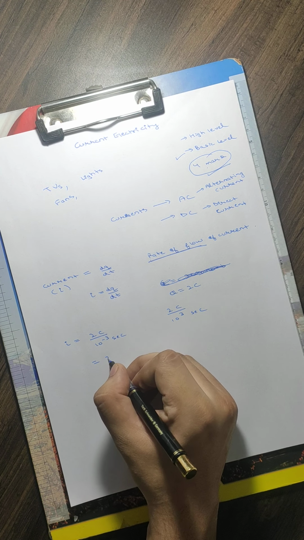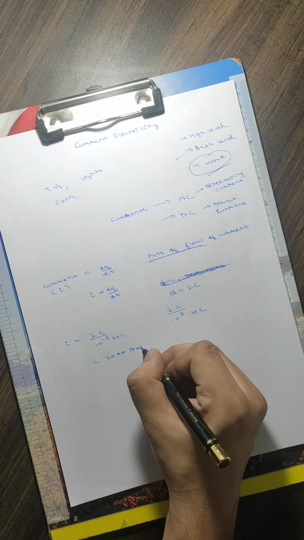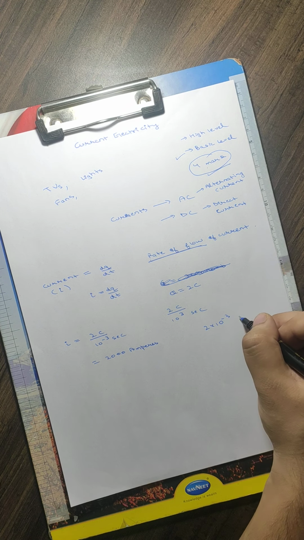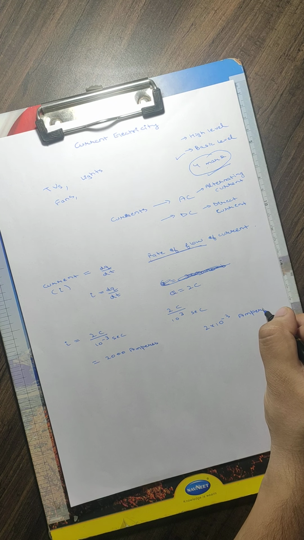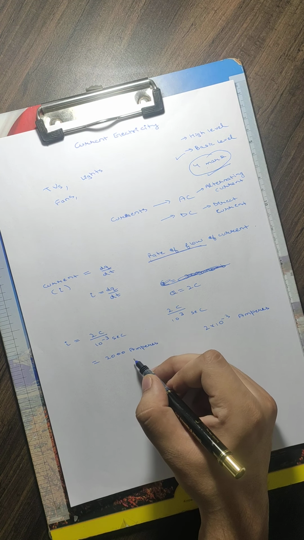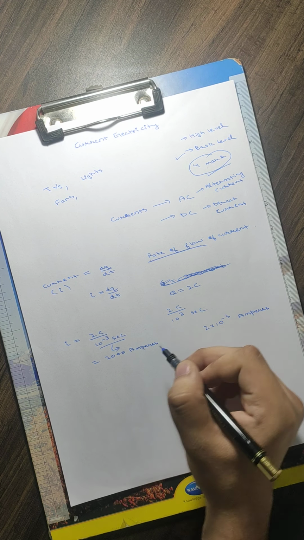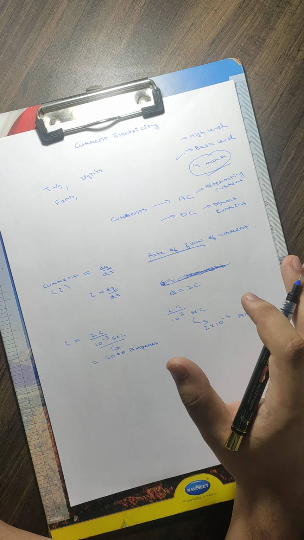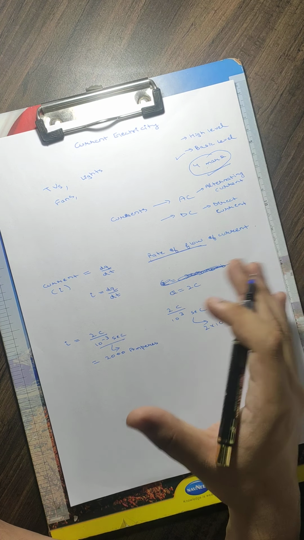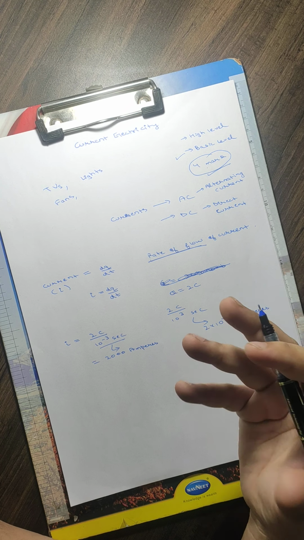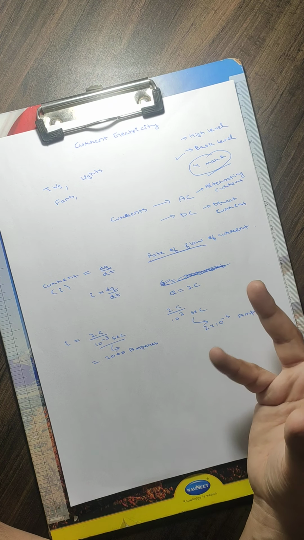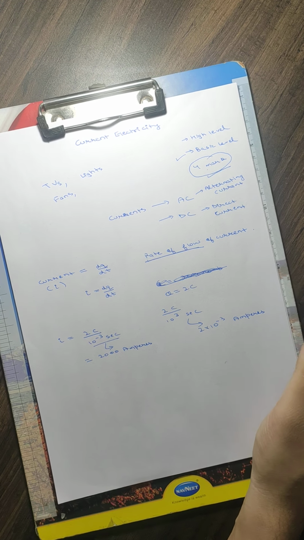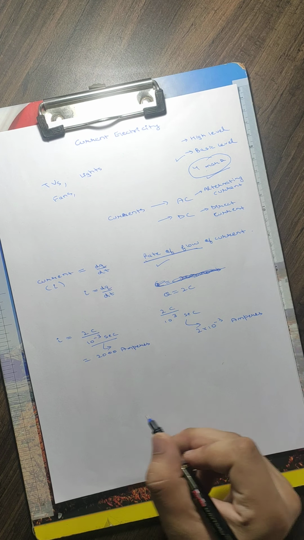So current here is 2000 amperes, and current here is 2 into 10 to power minus 3 amperes. So you can see how the time factor also makes an impact. If we pass even a small charge, but for a very short period of time, it can give a large amount of current. But if we pass a very large charge for a longer period of time, it will amount to a small amount of current. Okay, so I think the rate of flow idea is clear.